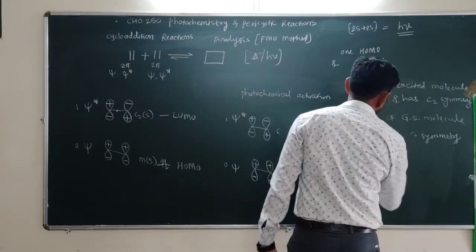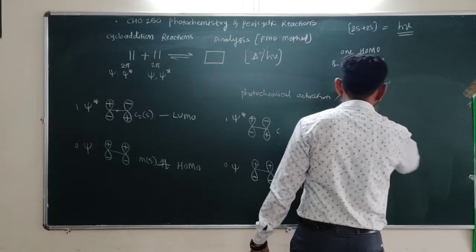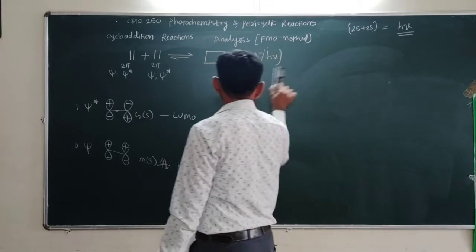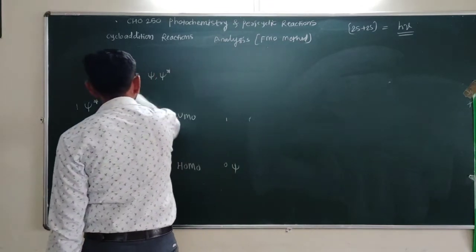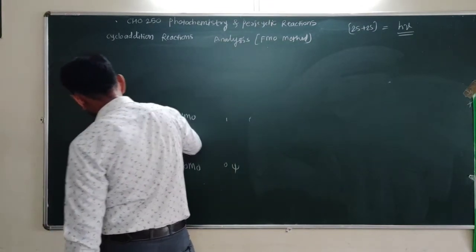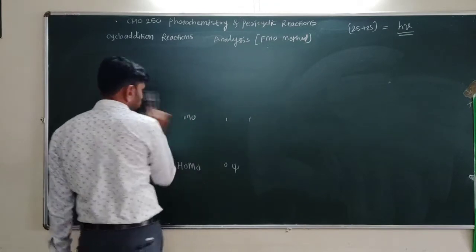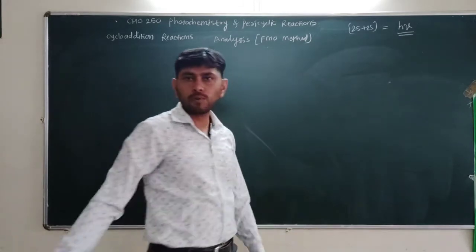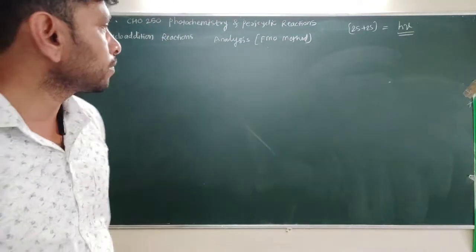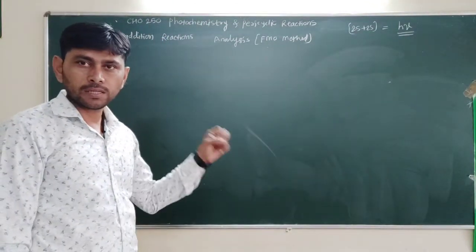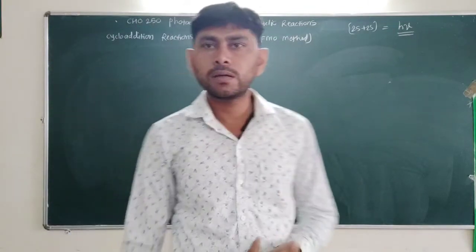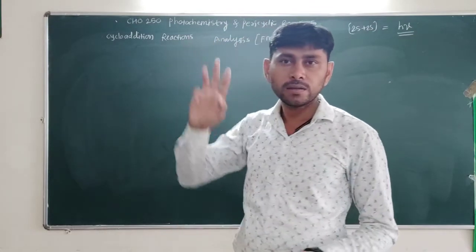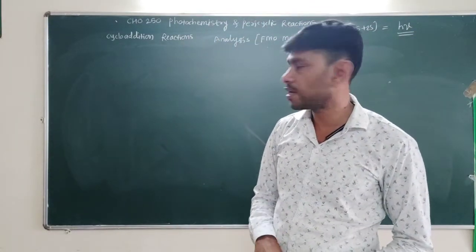4 plus 2, 4s plus 2s reactions. Now in the 4s plus 2s we have to find out with the help of the frontier molecular orbital method. The question on this topic may be like this: with the help of the frontier molecular orbital method, prove the Diels-Alder reaction, or find whether the 4s plus 2s cycloaddition reactions are thermally allowed or photochemically allowed reactions.